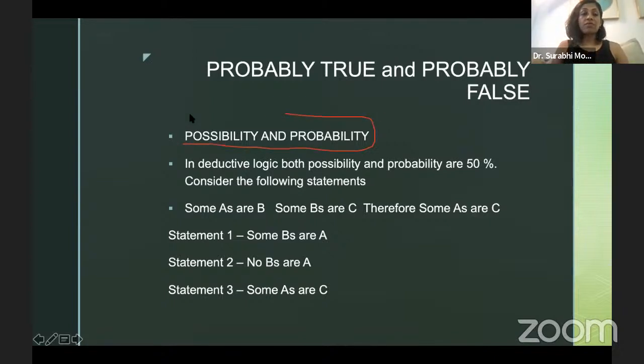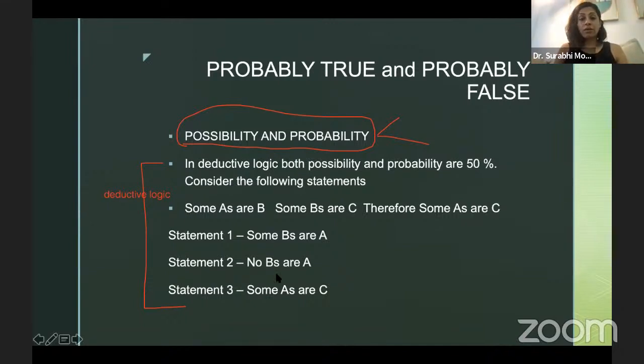This difference is very significant for you to understand, because this is where our two types of reasoning diversify. So I have taken an example from deductive logic. And to bring in deductive logic in this question type was necessary for you to know the difference between probably true, probably false, and cannot be determined.